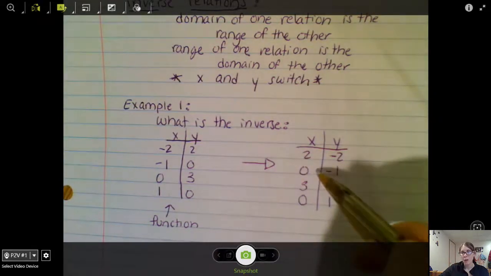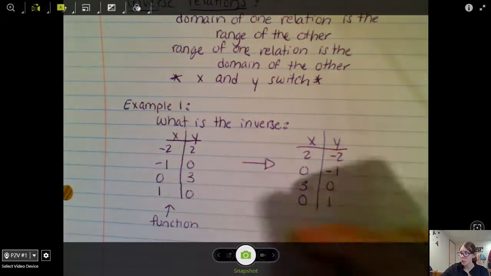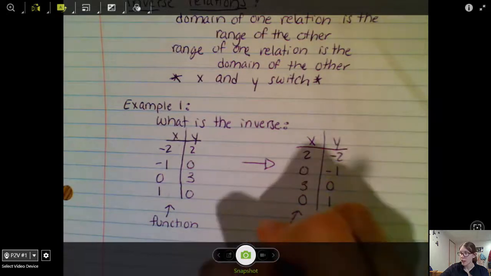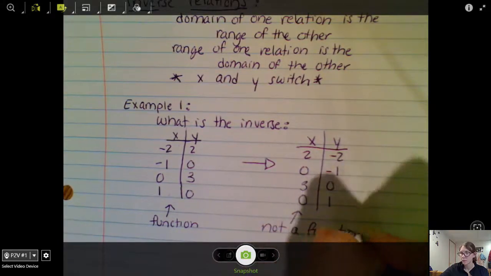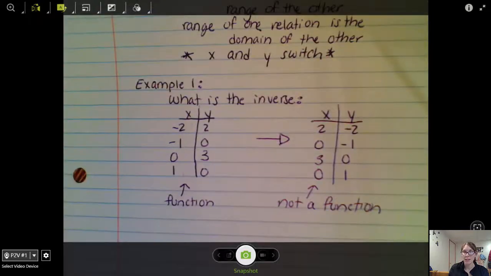And that 0 goes to two different y values. This 0 goes to -1, this 0 goes to +1. That makes this relation not a function. Okay, so that's just kind of something to pay attention to, and we'll talk about that a little bit more later. But relations and their inverses aren't always both functions.